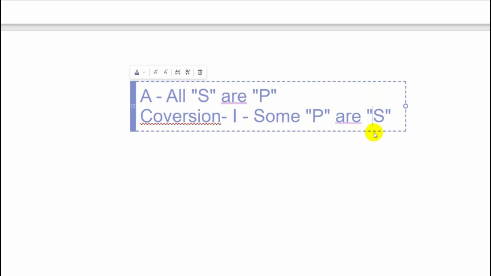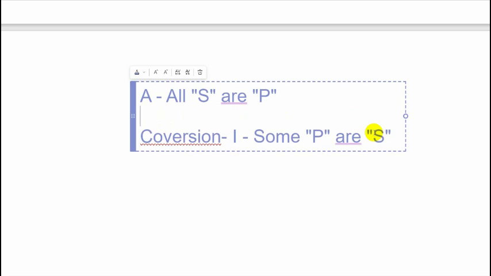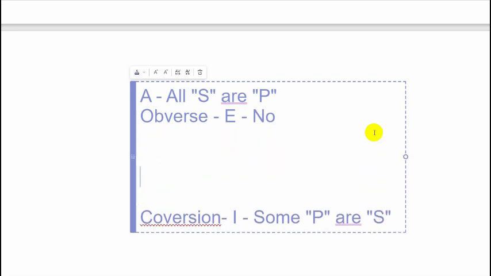Now, if we want to do obverse, A will get converted to E proposition. And E starts with what? No. Next, the second rule for obverse was that the subject and the predicate in obverse do not interchange.